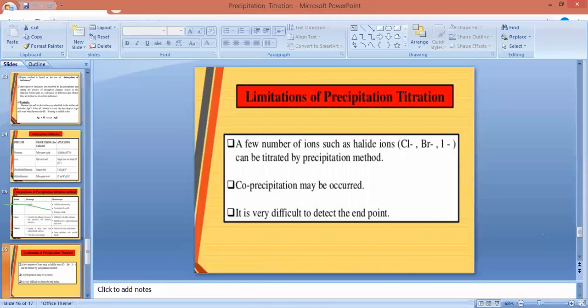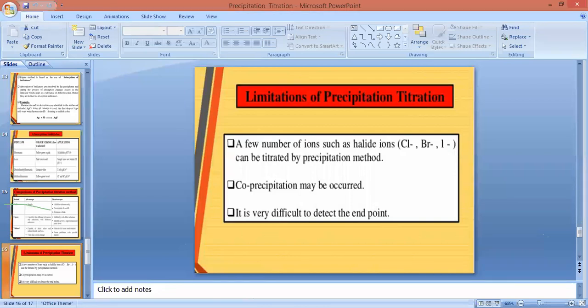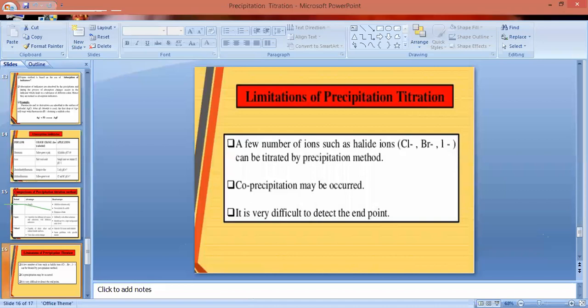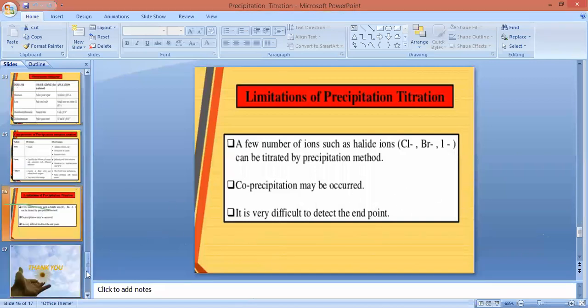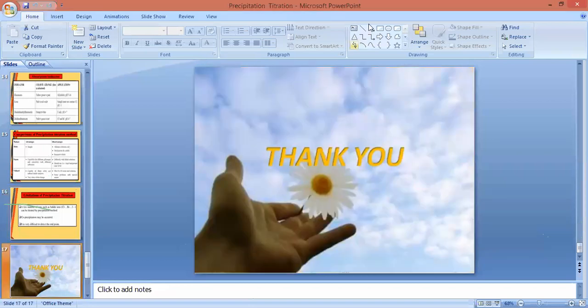That is precipitation containing impurities. Impurities may get adhered to the precipitate between the precipitating reagent and halide ion. That will interfere with the burette reading, and obviously it will interfere with the results of analysis. And it is very difficult to detect the endpoint if the selection of indicator is not distinct. So these are the limitations of precipitation type of titration.